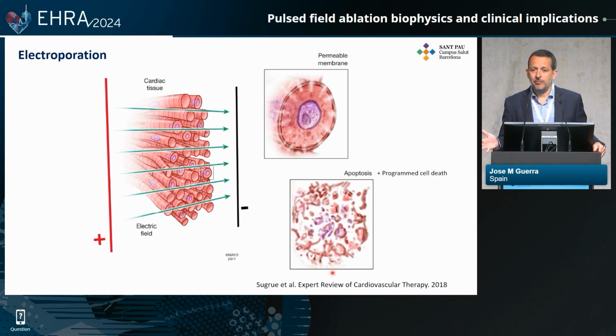Electroporation is something very simple. When you put a lot of current for a short time through a bilayer membrane, you create holes, pores. When you create pores, you have ions going in and out of that cell, and that cell dies. That's the effect that we are looking for, that we want to produce.